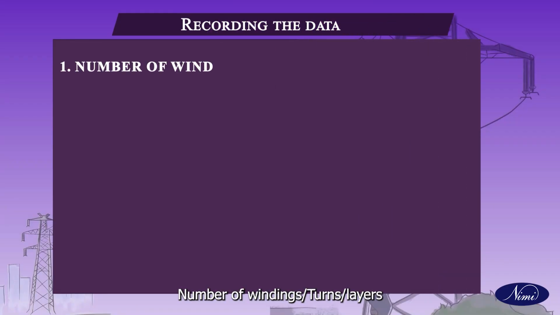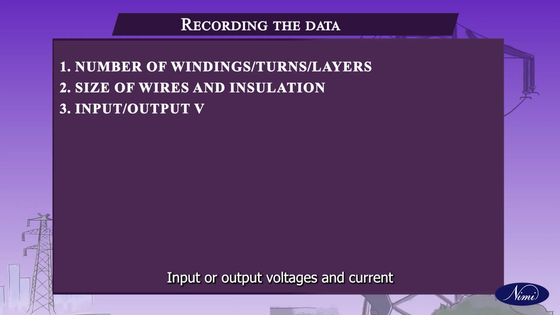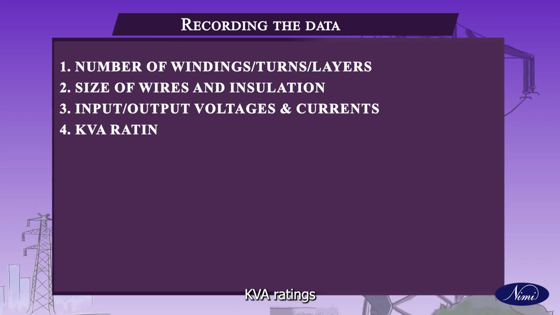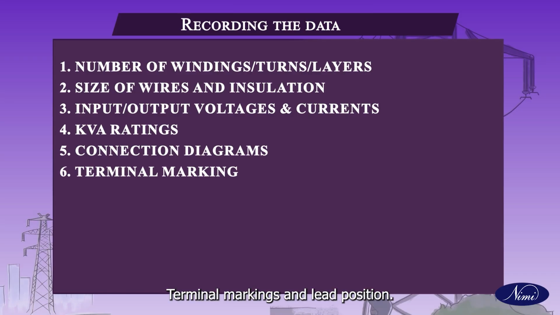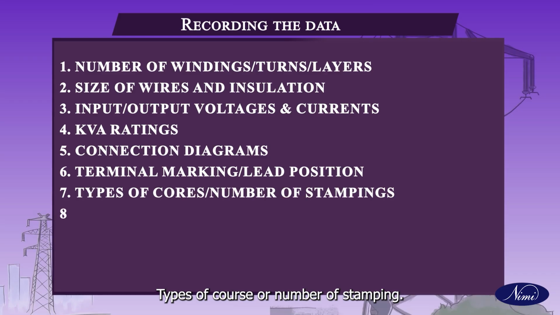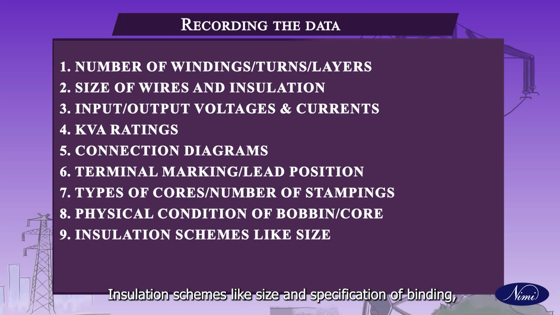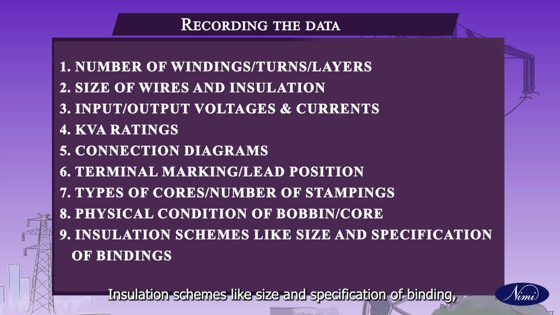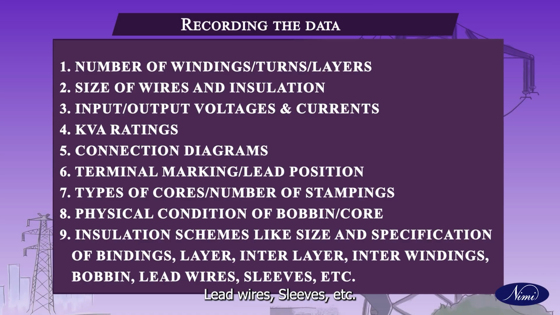Number of windings, turns or layers, sizes of wires and insulation, input or output voltages and current, kVA ratings, connection diagram, terminal markings and lead position, types of cores or number of stamping, physical condition of bobbin or core, insulation schemes like size and specification of binding, layer, interlayer, interwinding, bobbins, lead wires, sleeves, etc.